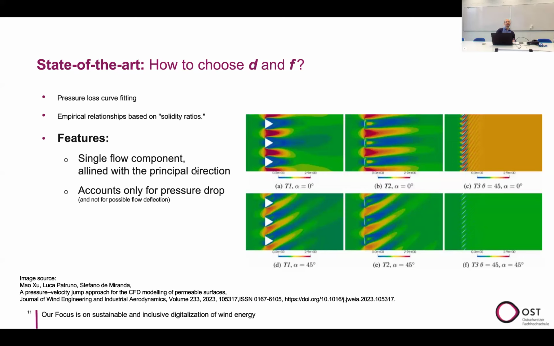That's the first problem, that it only does one flow component, and the second one is that it accounts only for pressure drop. But what often happens with these perforated screens is that they also introduce flow deflections, which is quite obvious in the case of louvers, where they're not just perforated screens. So if the flow is coming in orthogonally, it's going to be deflected. I think most of you will find it quite intuitive.